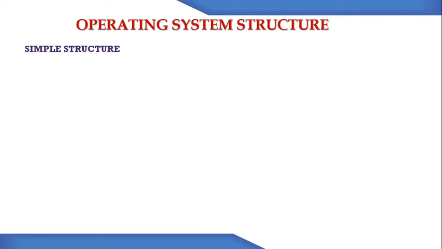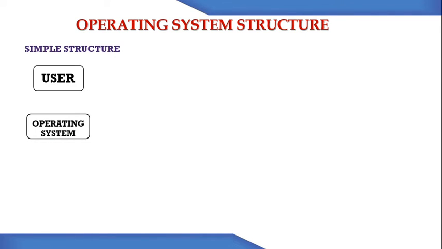Simple structure. Today in this video, we are going to learn about simple structure, which is one of the structures in an operating system. We know the importance of operating system in computer. It helps the user interact with the hardware. Without operating system, things can become very complex.